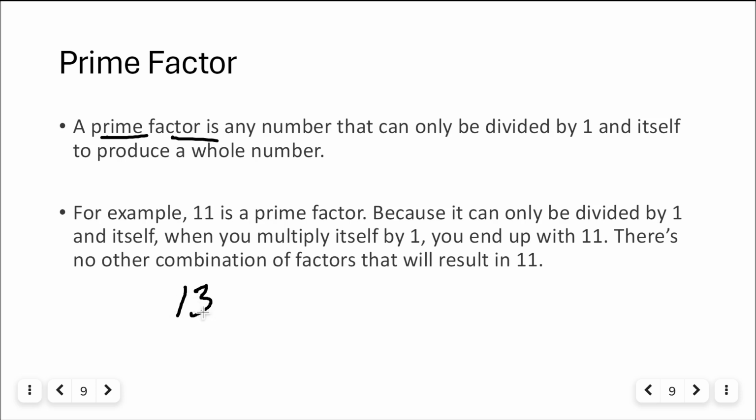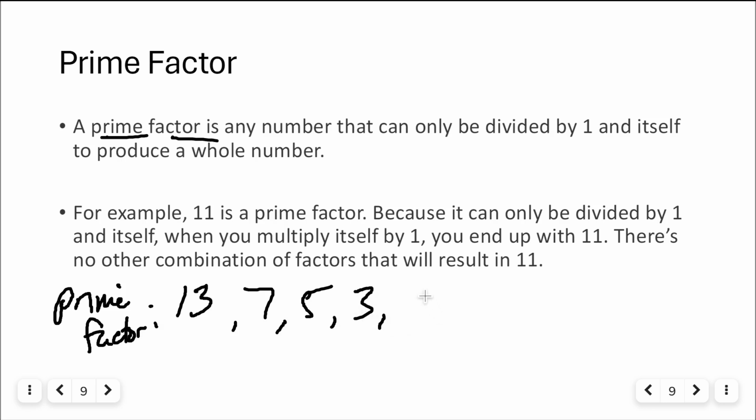So 13 is a prime factor. 7 is a prime factor. 5 is a prime factor. 3 is a prime factor. 17 is a prime factor. 19 is a prime factor. These are all prime numbers. Their only factors are 1 and itself. So these are all examples of prime factors.